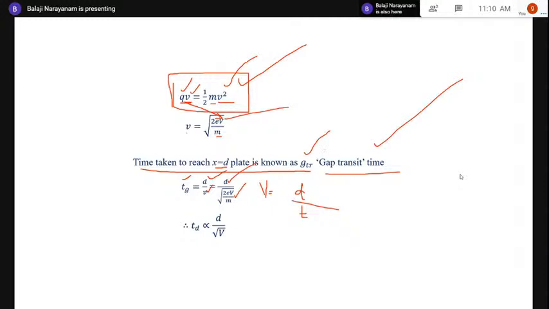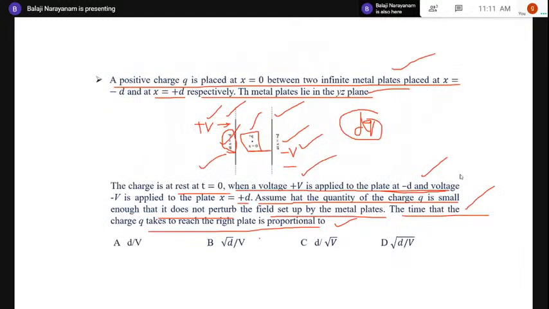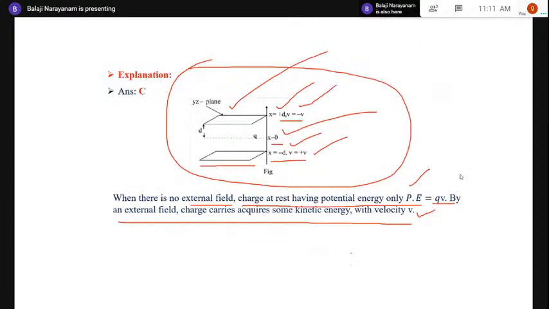In place of the charge we have e. Distance may vary, so the gap transit time, or delay time td, or Tg, any notation can be taken, is proportional to distance divided by square root v. So in the given options, distance divided by square root v, option C is the correct answer for this one.